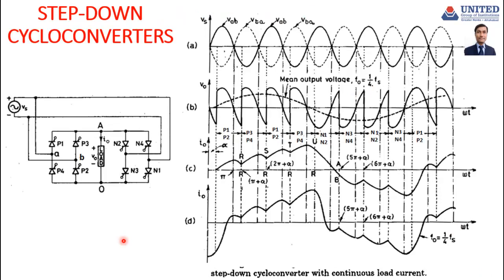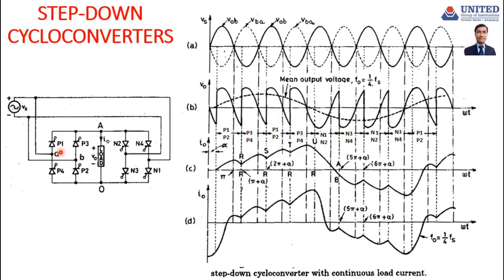Now next is the step down cycloconverter with continuous load current operation for bridge type configuration. Here in the figure we see that during the positive half cycle of supply voltage, when a is positive with respect to b, then thyristors P1, P2, N1 and N2 are forward biased.